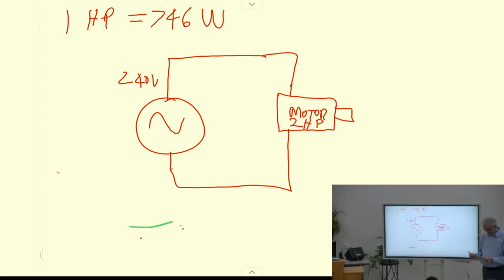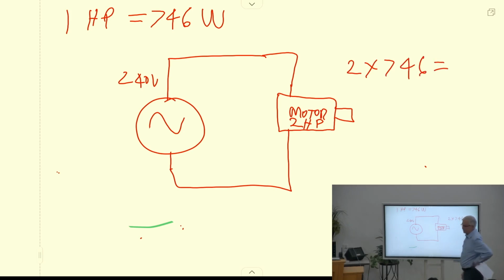So I've got 240 volts. How are we going to figure out what size wire we need? Well, what do we need to figure out first? That's correct. We need to figure out how much current. We know the voltage, and we know the wattage. The wattage is 2 times 746, right?